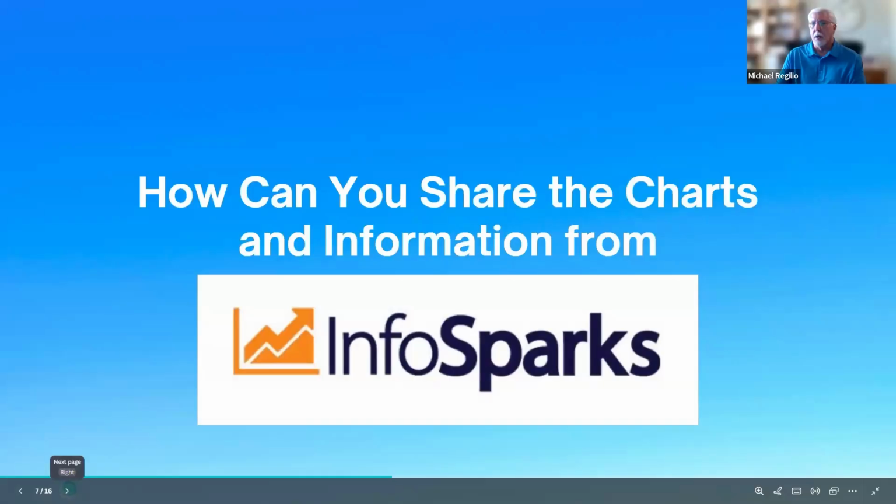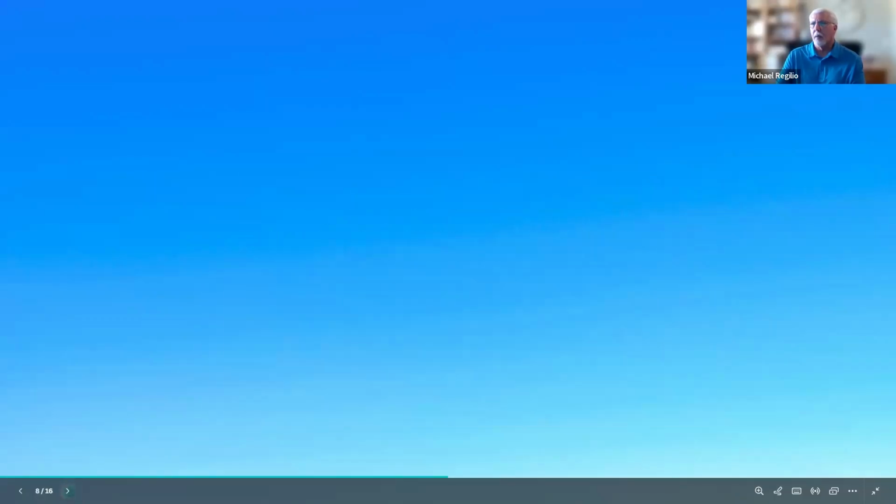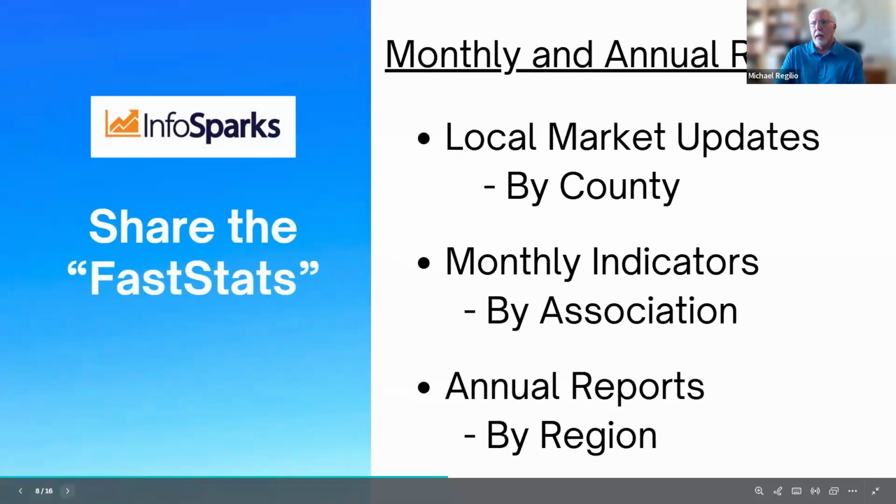So the great thing about InfoSparks is that you can share the information with your clients very simply and easily directly from the system. And there are a number of different areas inside of InfoSparks.